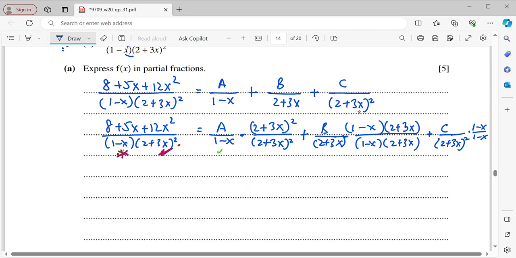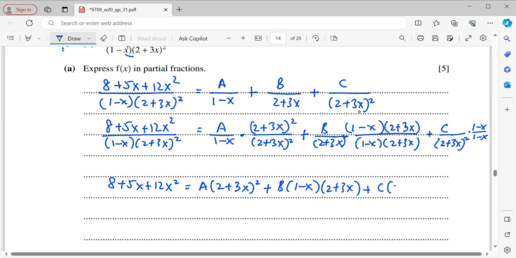So when you get all the same denominators, basically we can just cancel off all the denominators on the left and right side. Then you can just write down the numerators. To get the unknowns A, B, C, just let the factor be 0.